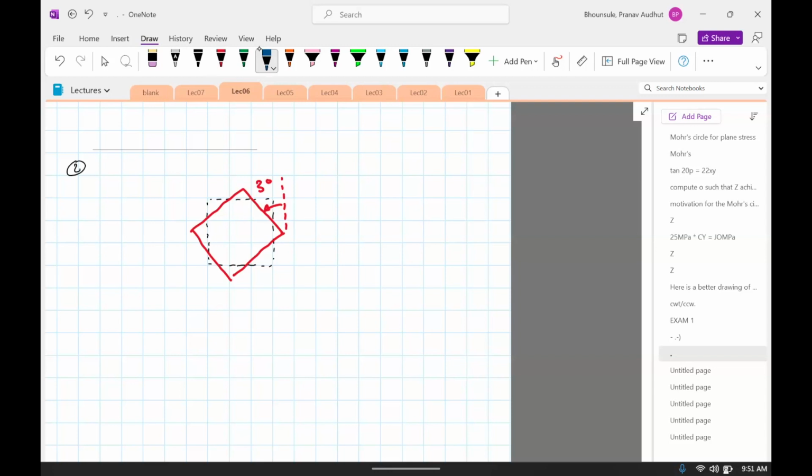But more importantly, we need to show the stress. So here we have, so this is A, which will be, my bad, that's counterclockwise. So that was not right.